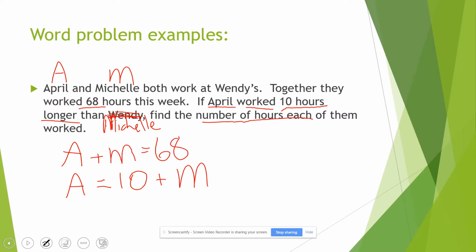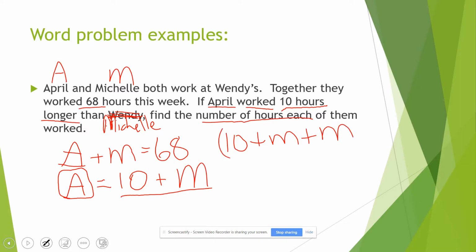So we can use substitution or elimination. This problem, because we have April here all by herself in that equation, is set up already for substitution. So I'm going to plug this in here. We have 10 plus M plus M. So this is what April was, and then the plus Michelle is equal to 68.